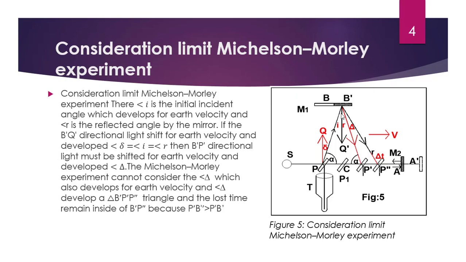Otherwise, it cannot come to the P double dash position. So that is the greatest mistake of the 19th, 18th century. They actually forgot to consider the arc velocity again. They just considered the reflected angle and forgot to consider the velocity angle of the arc.